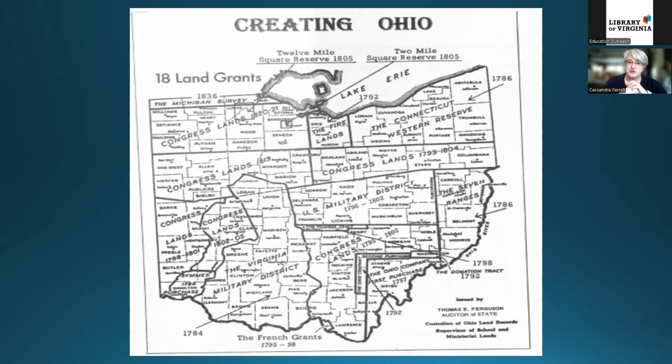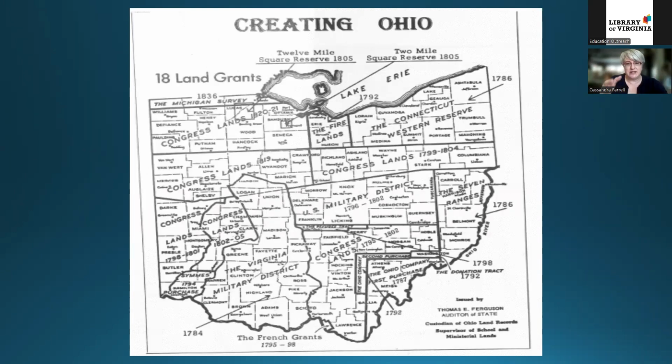The Connecticut Western Reserve ended up being split between what was called the Connecticut Land Company and the Fire Lands. The Connecticut Land Company was made up of 48 individuals who purchased this area, and I think they were speculators who would then turn around and sell it to other settlers.